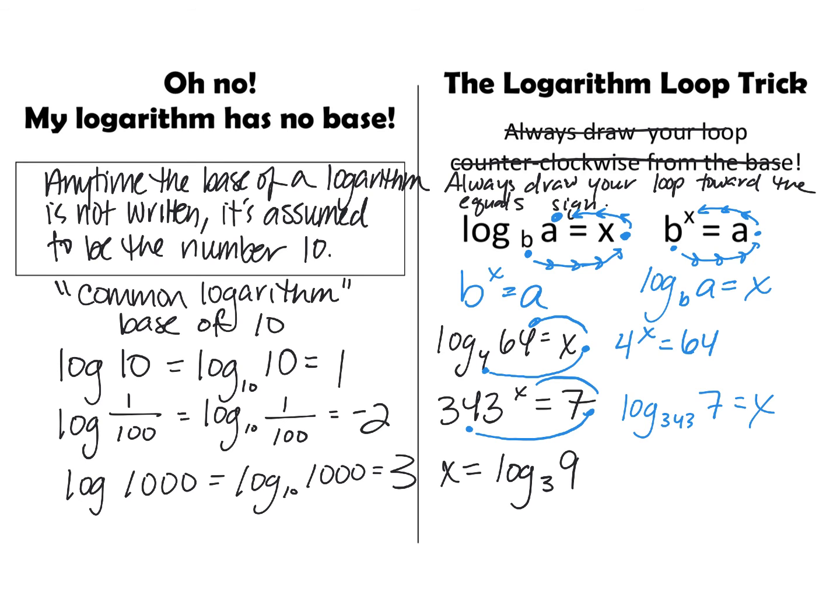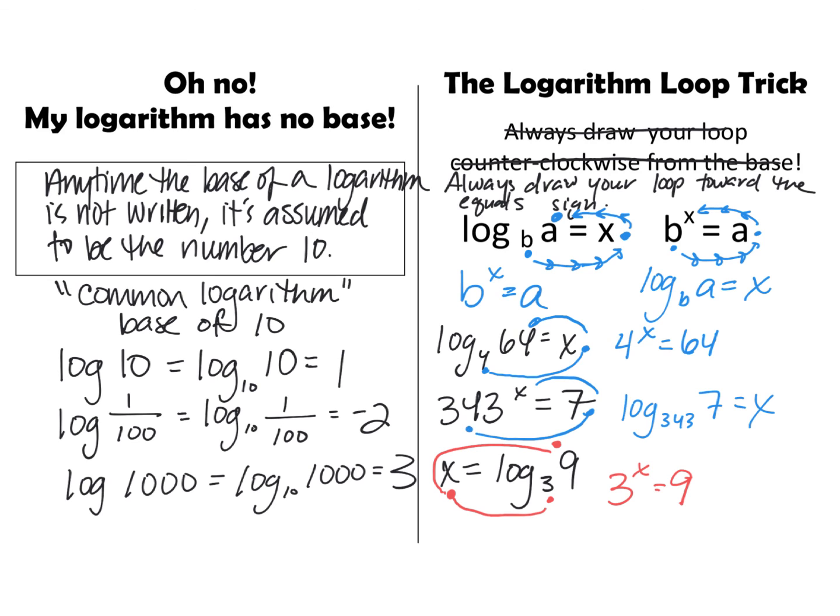Now this last one's a little tricky on purpose. I put the equals on the other side because I wanted you to see that the directions that say always draw your loop counterclockwise from the base are problematic, because sometimes your logarithm is written funny. But if you start with the base, 3, and you move toward the equals, like this, and you make a pit stop at the x, and then you loop up around, you finish with the 9, that's going to put you where you need to be.